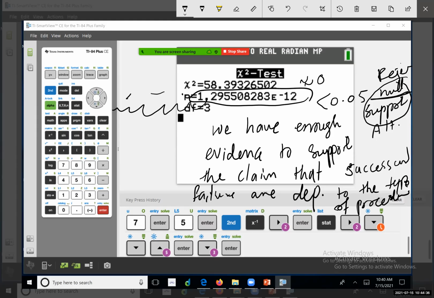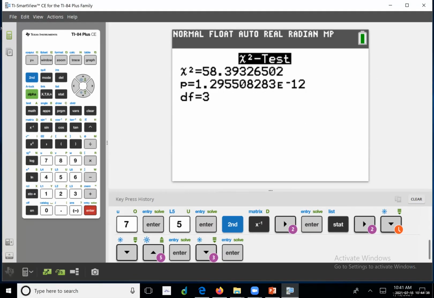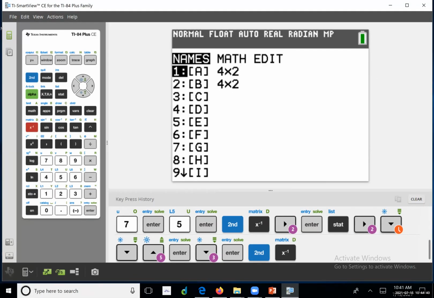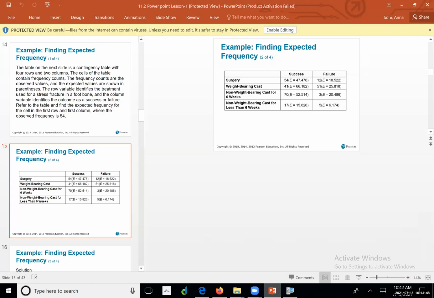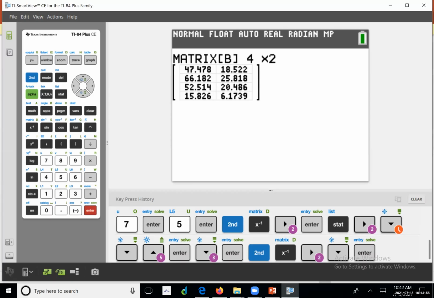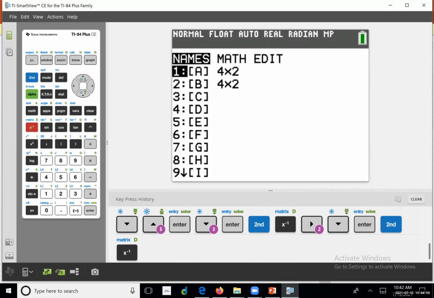And as you may see, if you go to second matrix, do you see they already developed B themselves? So this is what you see here that they calculated for expectation. The calculator will calculate that for you. So you just enter A in second matrix.